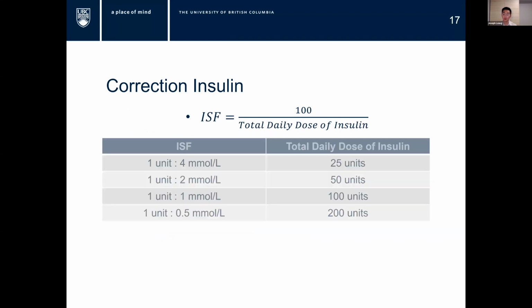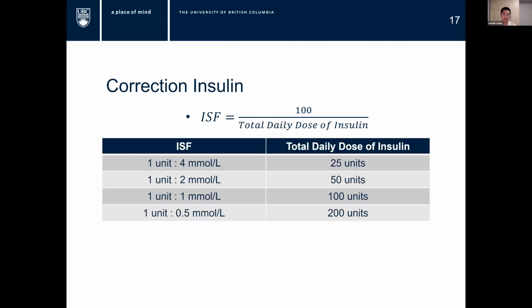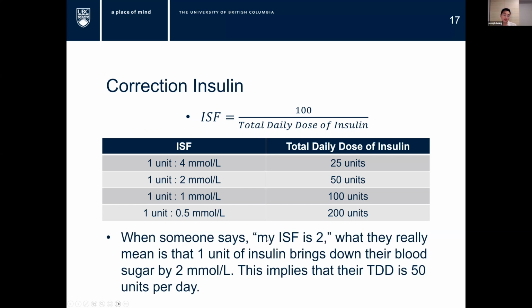And so once again, we're going to explore this equation a little bit here. If that person is using 25 units of insulin per day, that will imply through this equation that their ISF is 4. If they're using 100 units of insulin per day, that implies that their ISF is 1. And so what does an ISF mean?